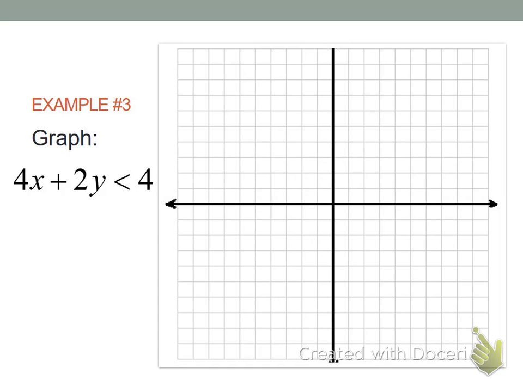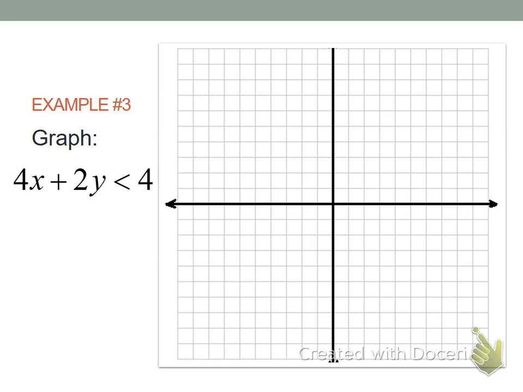Example 3, 4x plus 2y is less than 4. Just so that we can get a refresher on other options.